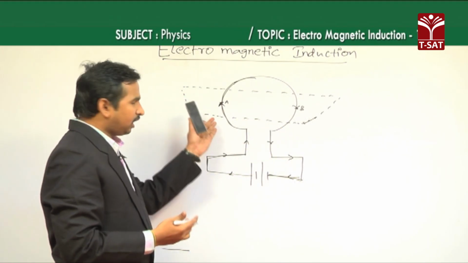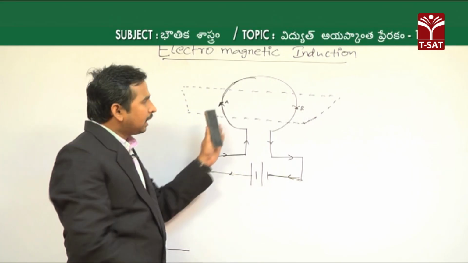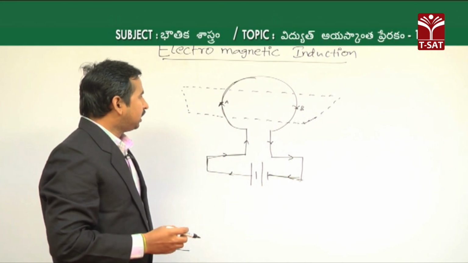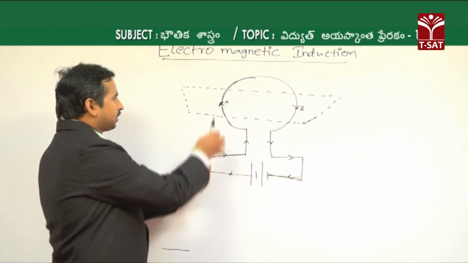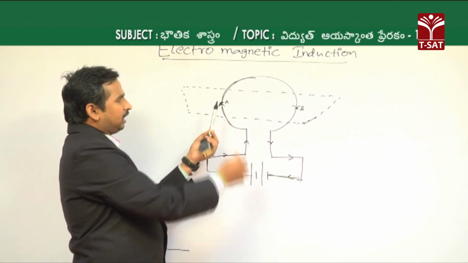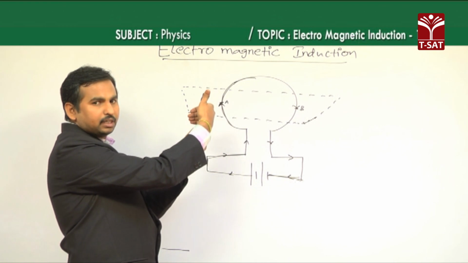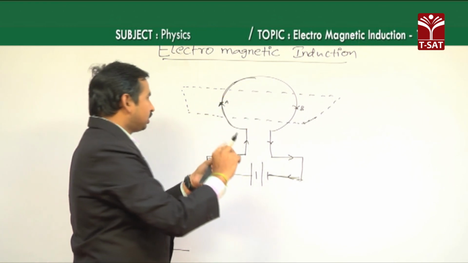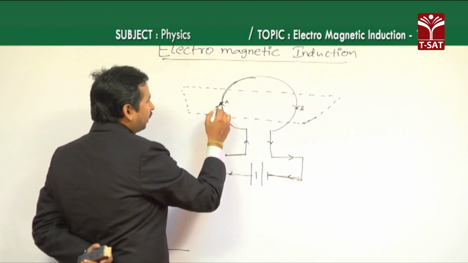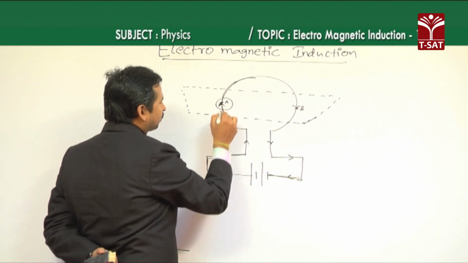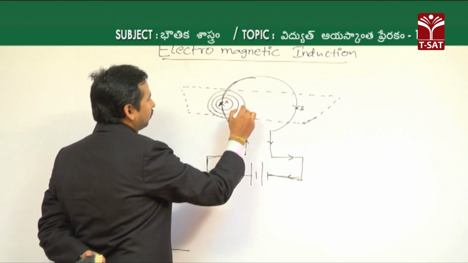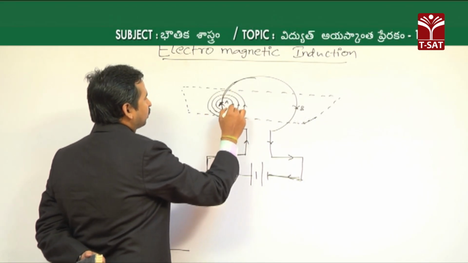At A, out of the plane; at B, into the plane. We already know that when the current goes upwards out of the plane, we curl the fingers in the anti-clockwise direction. Then at this point the magnetic lines of force come around in the anti-clockwise direction.